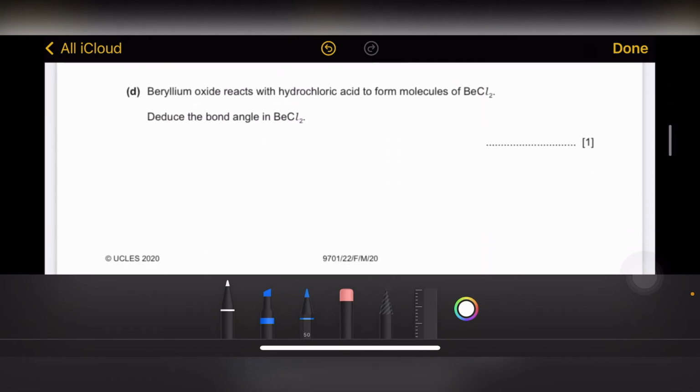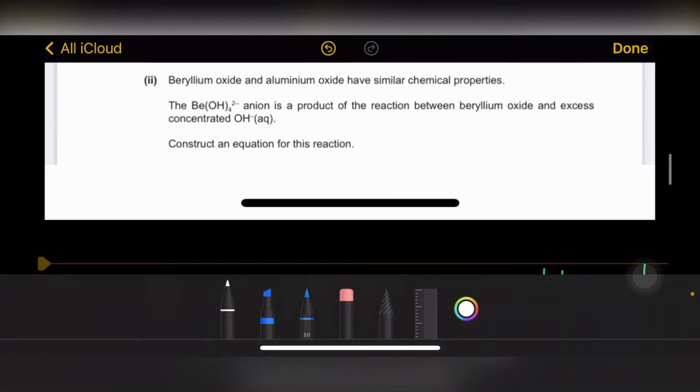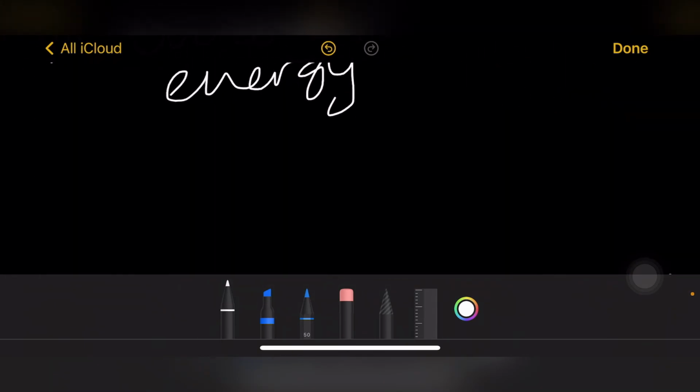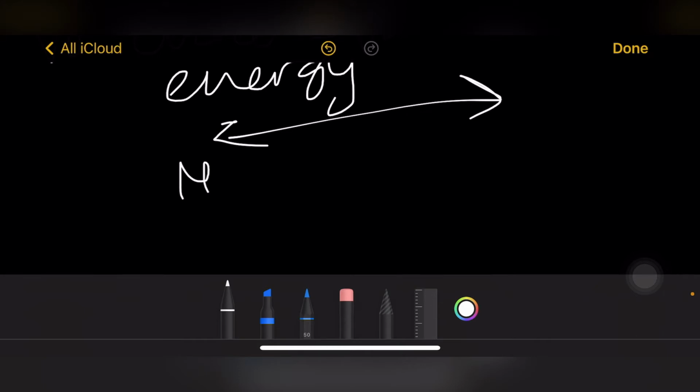Now, beryllium oxide reacts with hydrochloric acid to form molecules of BeCl2. Now, BeCl2 belongs in group 2, right? Even though you will have the data booklet given, I don't remember what electronic configuration it has. So why don't we look at Mg?